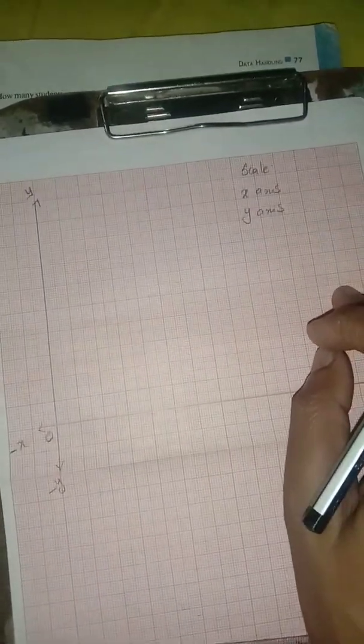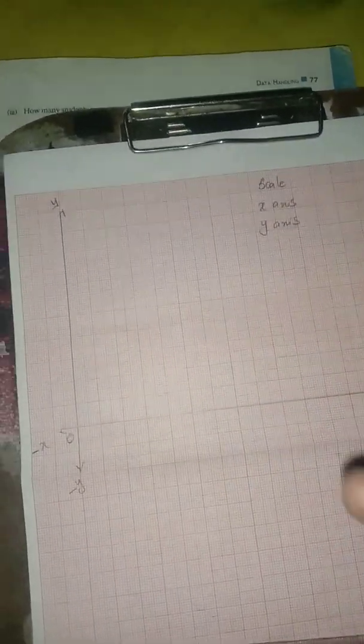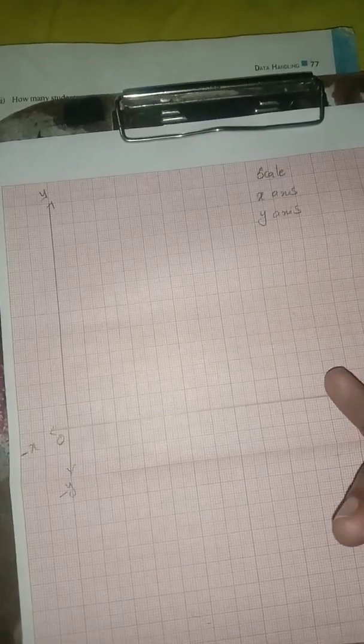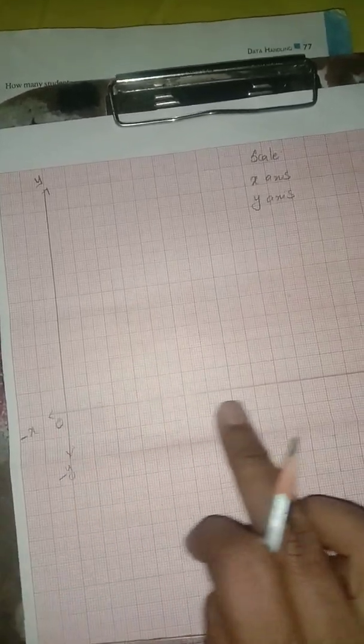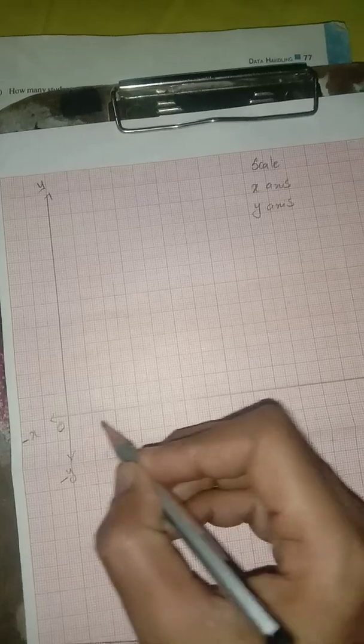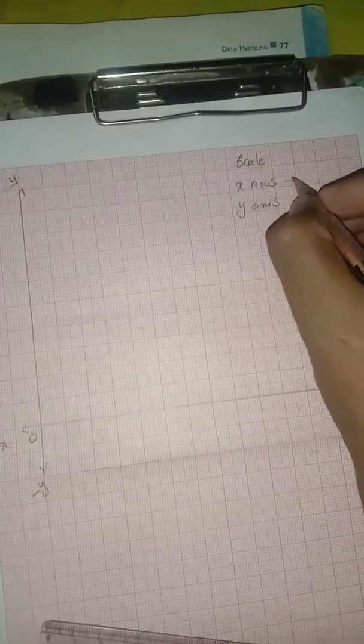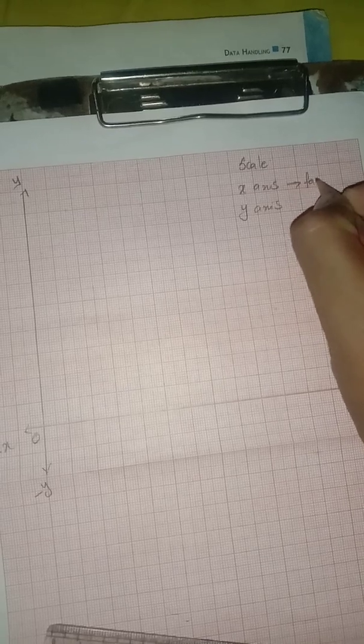I gave an activity to draw a bar graph of your parents' height and weight. So you will write here that the x-axis denotes family members.